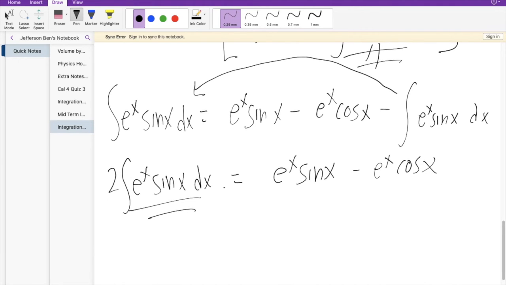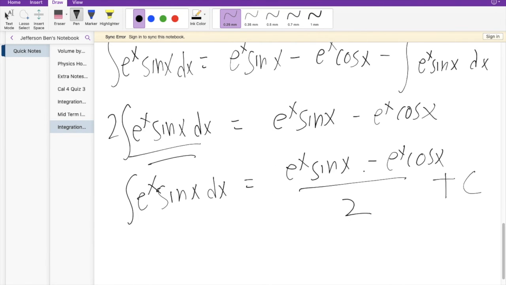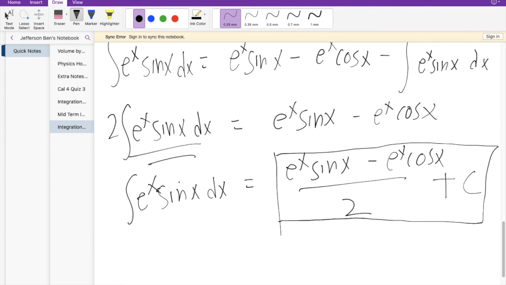So we just divide both sides by 2, and we get the answer for the integral of e to the x times sine x dx: e to the x sine x minus e to the x cos x, over 2. And remember, plus c, because this is an indefinite integral. This is our solution. This is what the question wants, and we give the answer.